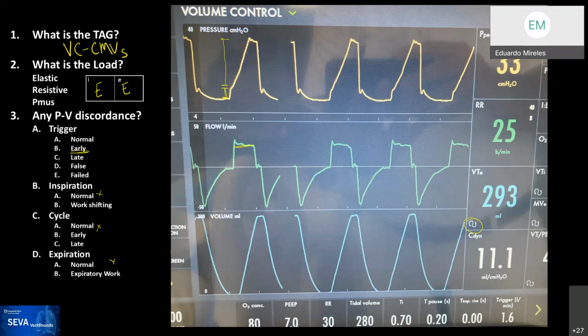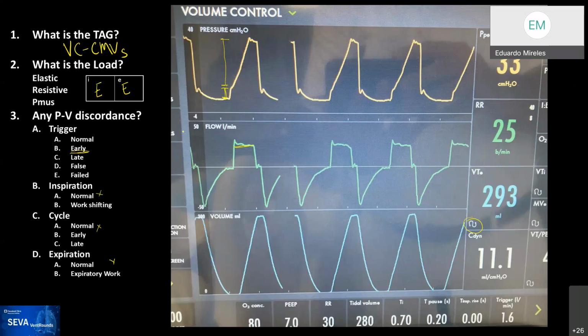There's a small plateau here, but it's probably not long enough to allow it to go all the way back to the real plateau that you want to measure. And this is a really steep rise with a square waveform, which tells you that this is an elastic load. So I agree with you completely.